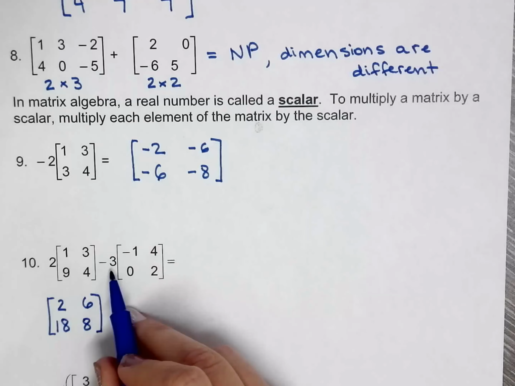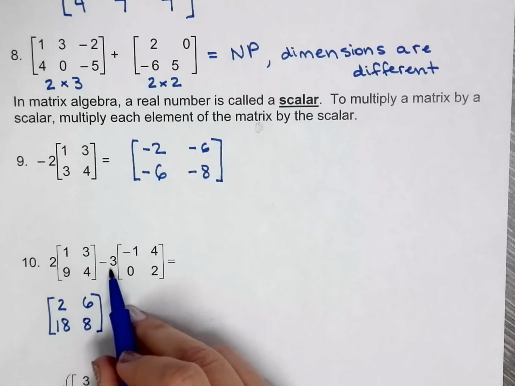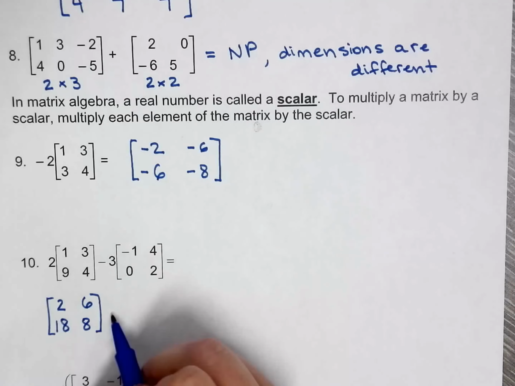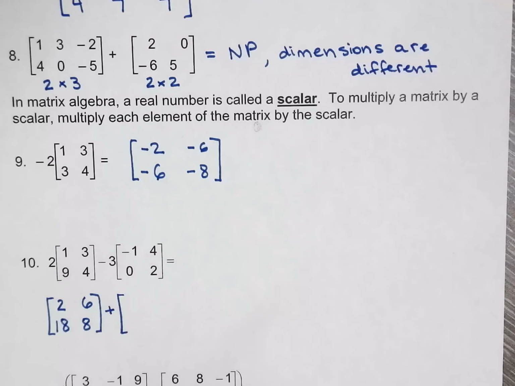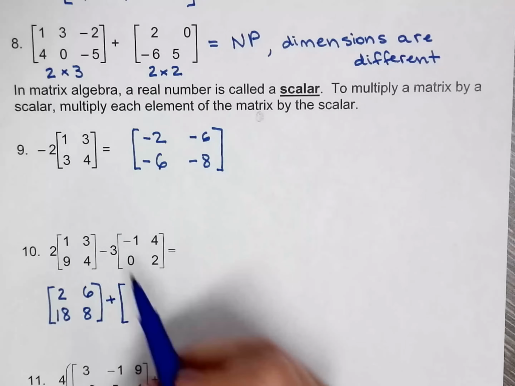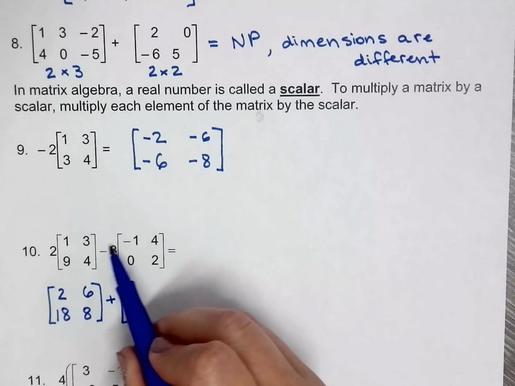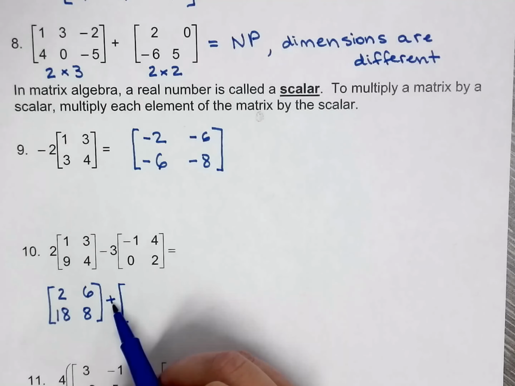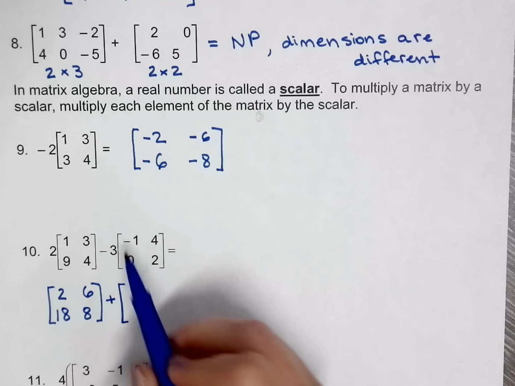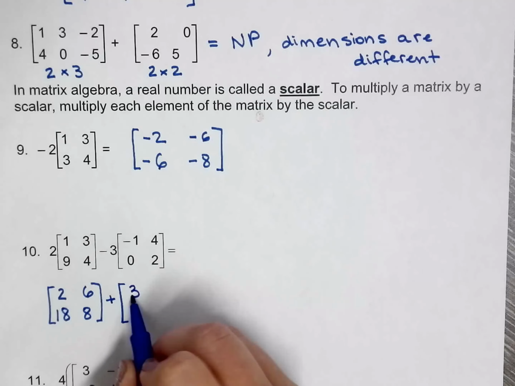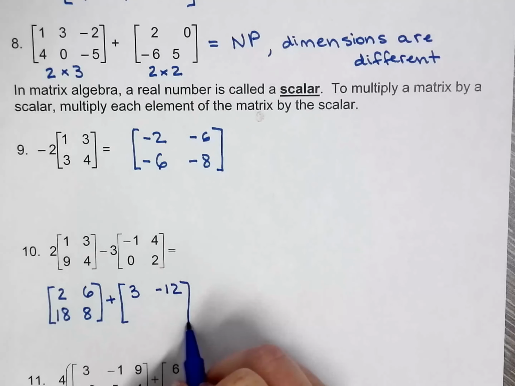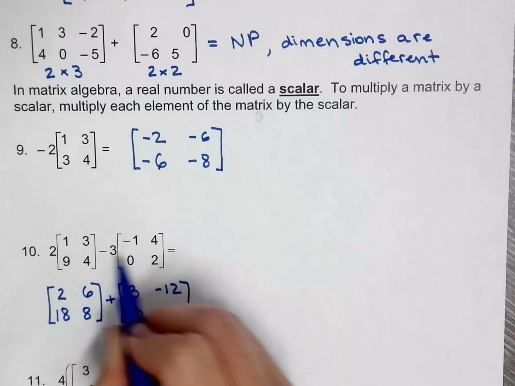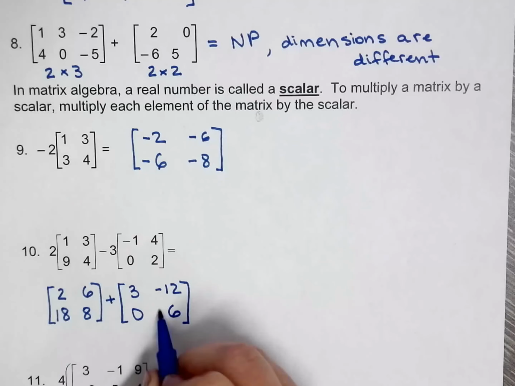Now I will multiply everybody by negative 3 instead of multiplying by 3 and then subtracting, which is harder. In my eyes, it's easier to add than to subtract. That's why I put a plus right there. Negative 3 times negative 1 is 3. Negative 3 times 4 is negative 12. Negative 3 times 0, negative 3 times 2.